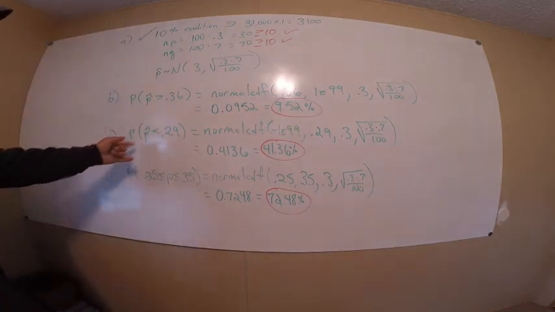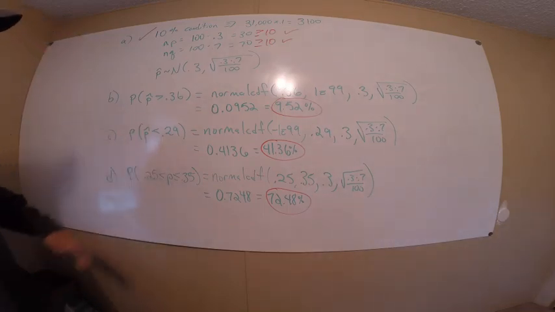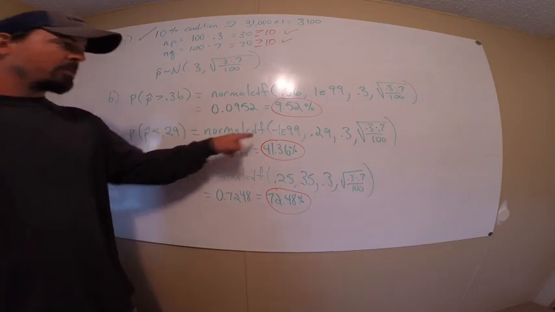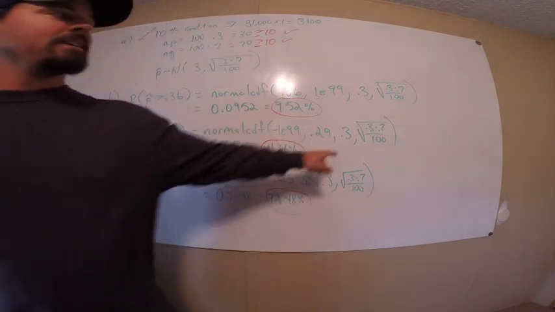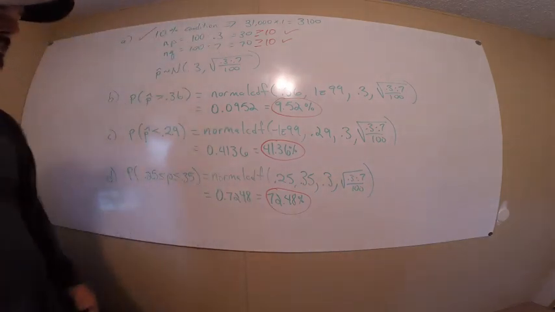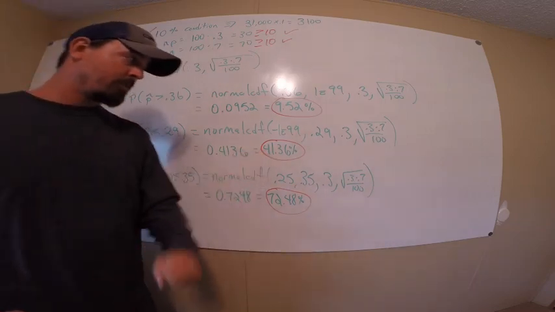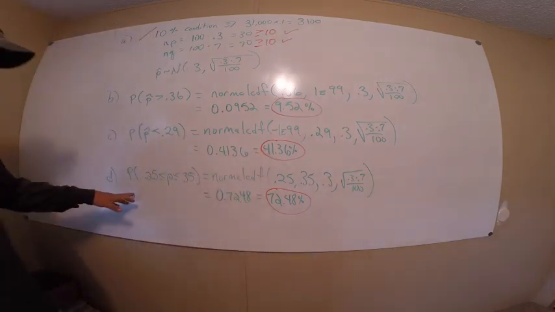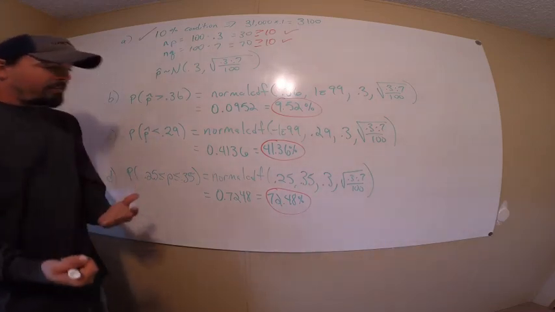C, it says what's the probability that less than 29% are stick-built homes. So we're going to do normal CDF, negative 1E99, 0.29, 0.3, square root of 0.3 times 0.7 all over 100. That should give you 41.36%. D, probability that they're between 25 and 35%.